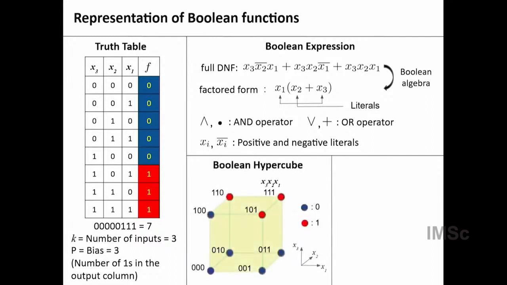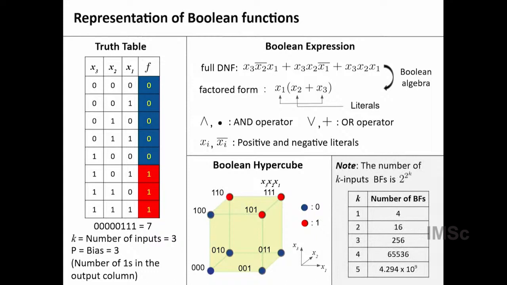The last representation of the Boolean function which would be useful for us is the hypercube. Each vertex of this cube is one row of the truth table, and the color associated with the vertex is the output value. Red colored vertices are the input combinations that have the output value of 1.